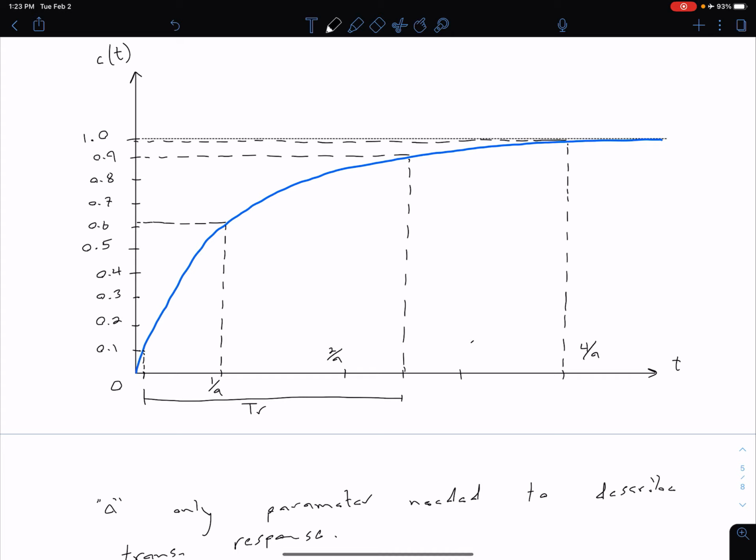Of course, somewhere between 2 over a and 4 over a is 3 over a, and this time from 0 up to 4 over a is our settling time, T sub s. So these would be our important metrics. Remember, we have our time constant 1 over a, our rise time T sub r, and our settling time T sub s.